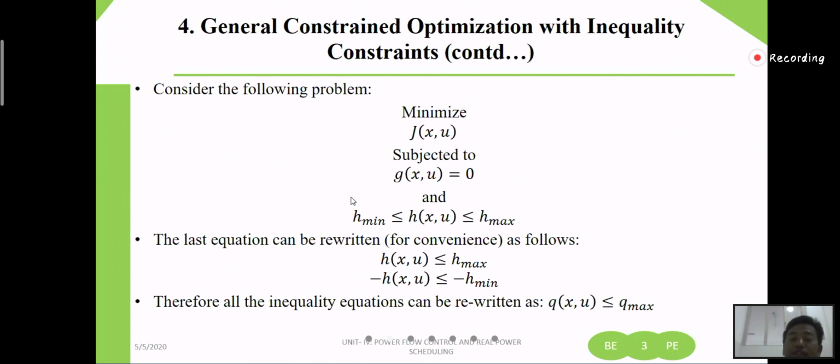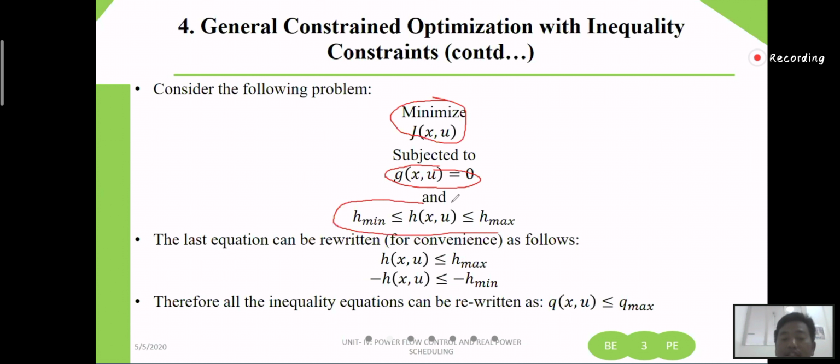Now how will we do it? When you carry out the optimization with inequality constraints, you know this one: minimize this function subject to this equality constraint. When you carry out the optimization with the inequality constraint, it will fulfill the equality constraint, and at the same time, additionally, the inequality constraint will be fulfilled.